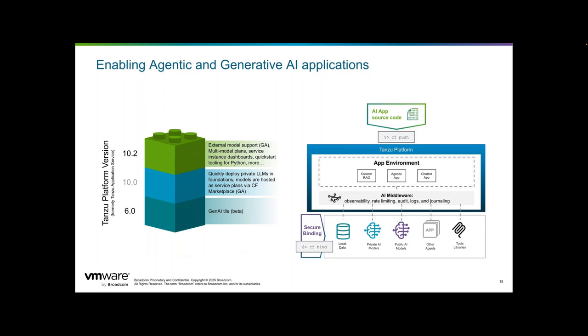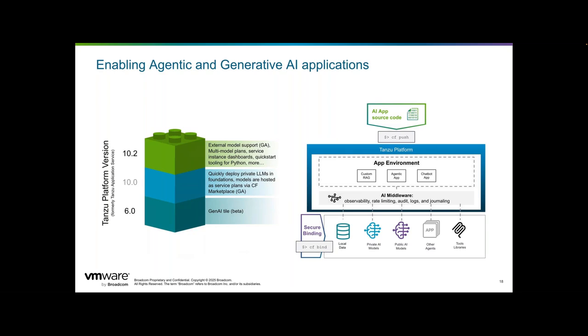That was really about enabling simple app consumption of large language model support within Tanzu Platform, brokering to other models, and wiring that up directly in that developer experience so they can have that cf bind, cf create-service of my large language model directly in their application. In the 10.0 timeframe, we officially GA'd the Gen AI tile.